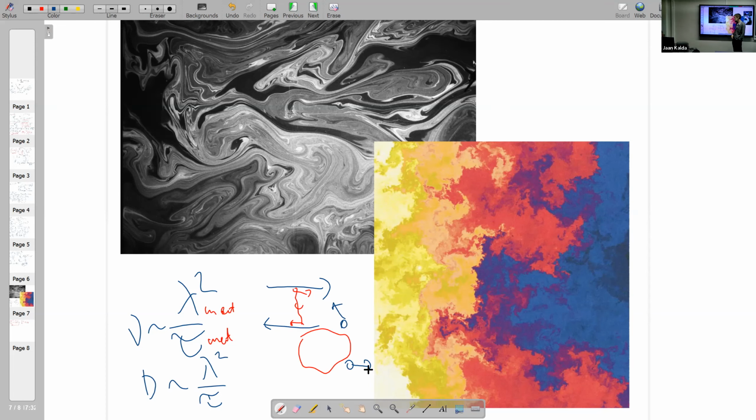They have a mean free path, but the big molecule gets hit many times by the small molecules, so its mean free path is much smaller. So usually, if we have big molecules, we expect this diffusivity can be much smaller than the diffusivity for the molecules of the liquid.